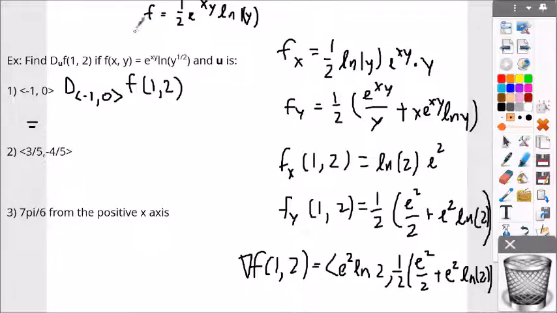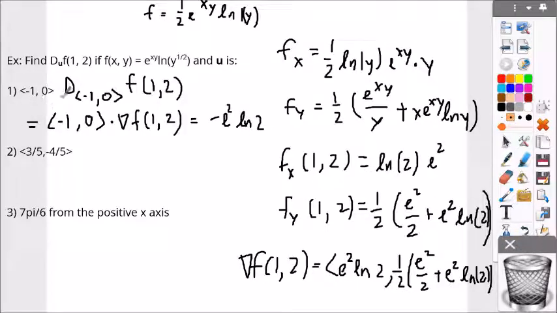There you go. So the direction negative 1 comma 0 dotted with your gradient vector of f at 1 comma 2 is equal to simply just the left side, negative e squared natural log of 2. And if you notice, this direction is basically just the negative x direction.